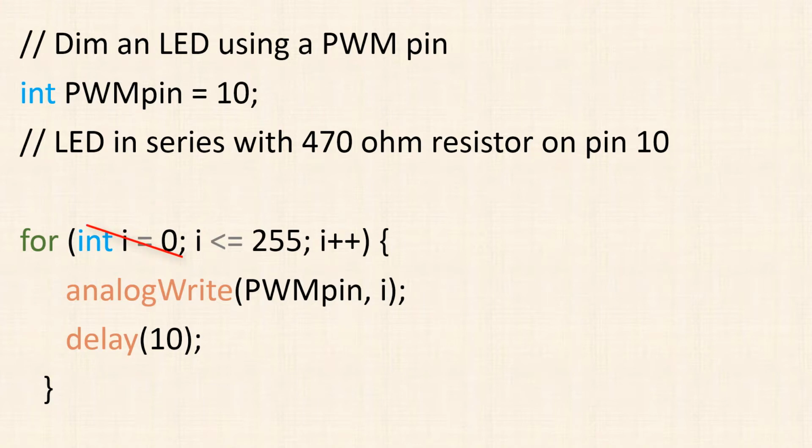We skip the first statement. We've already initialized it, so we don't want to reinitialize it to 0 or we never ever get out of the loop. So i is still less than or equal to 255. We jump back in, do the code, analog write, and delay, and then increment i to 2, and so forth, until it's 255. Once it's greater than 255, we fall out of the for loop, and the code inside the loop ceases to execute.